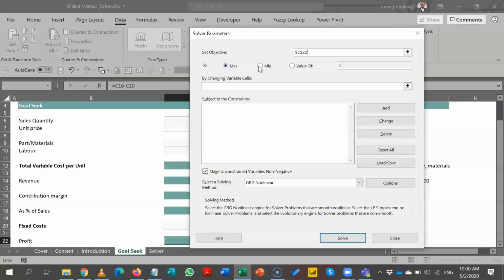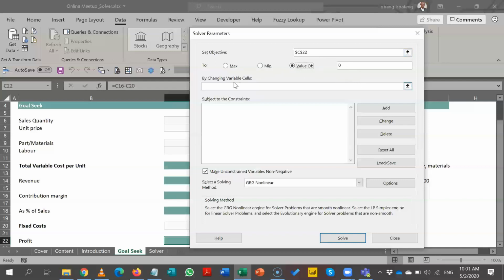Or you may be doing a cost reduction model, where you choose what is the lowest this can be. Or the third one, where you set the value. The first two are decided for you; for the third one, you decide what it should be. So I'm setting C22 to a value of 0. This is my break even. So that is the objective cell.